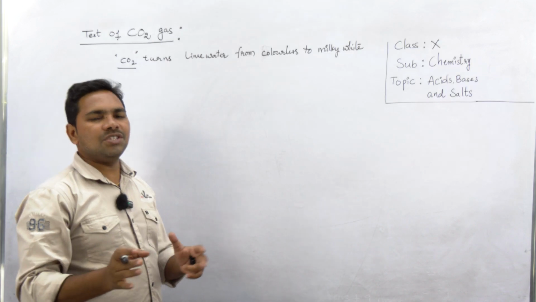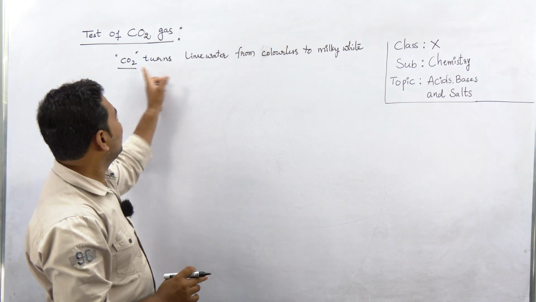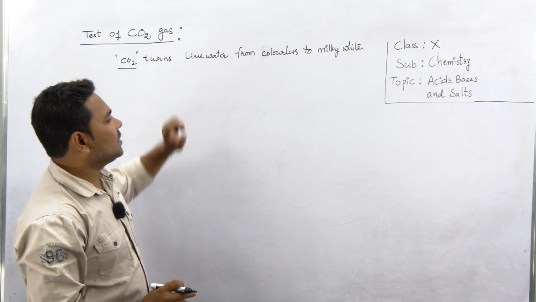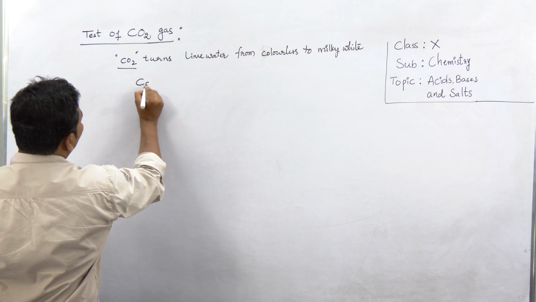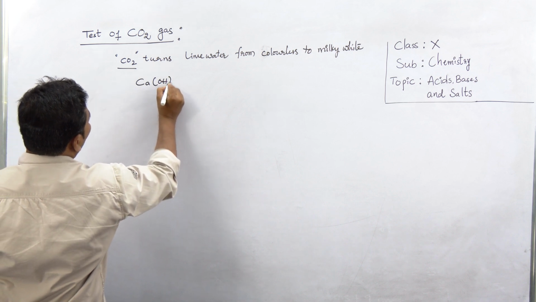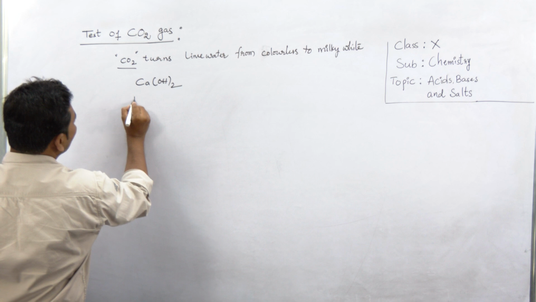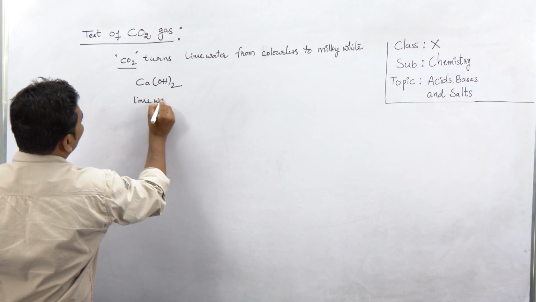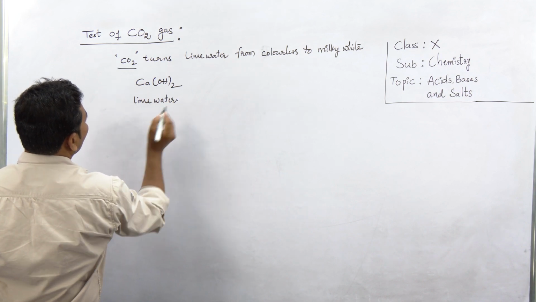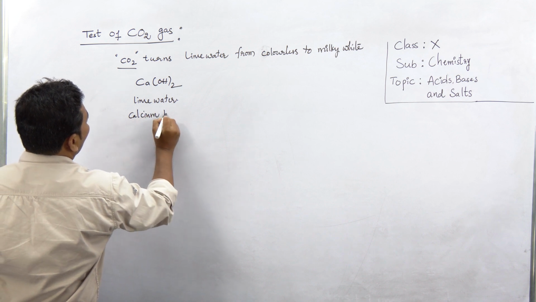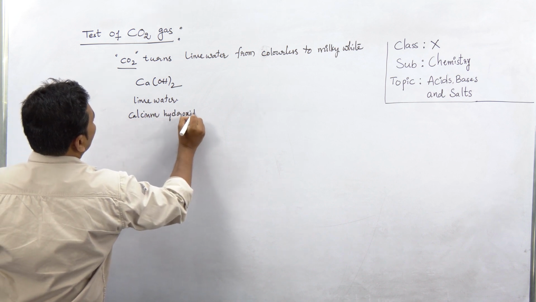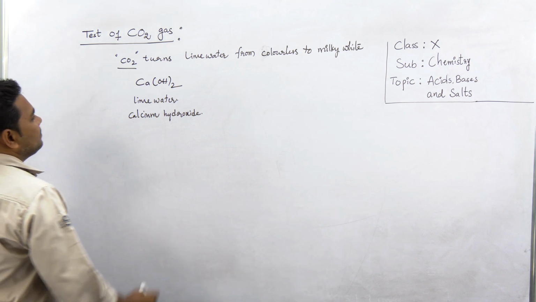What chemical change takes place when CO2 reacts with lime water? Let us write. Lime water, Ca(OH)2, is the common name, and its chemical name is calcium hydroxide.